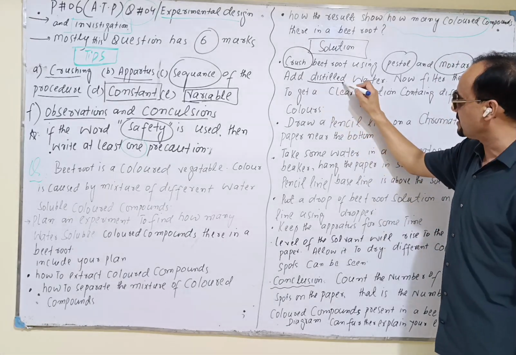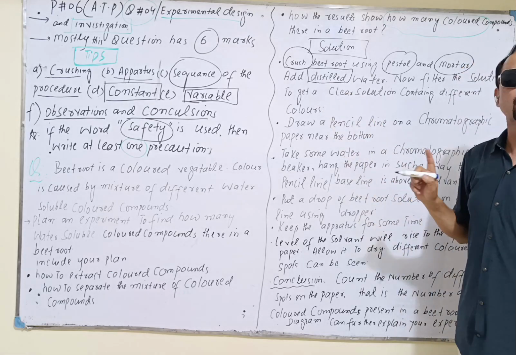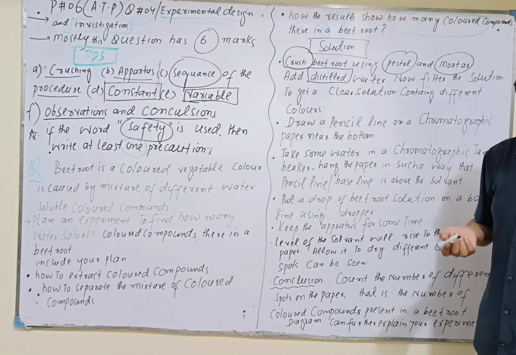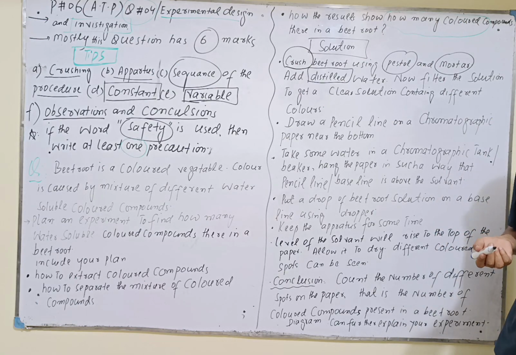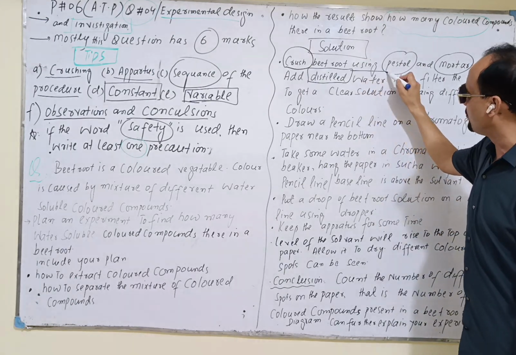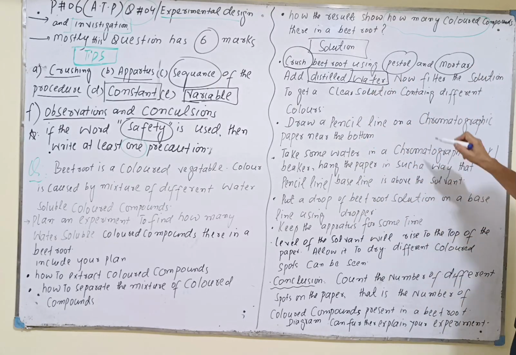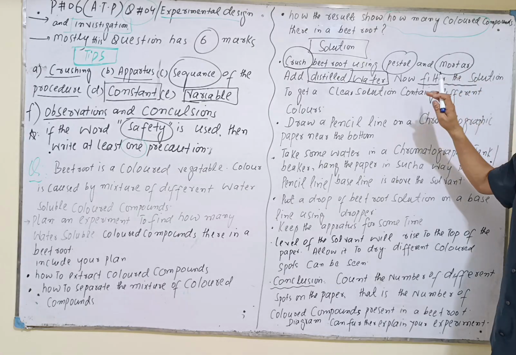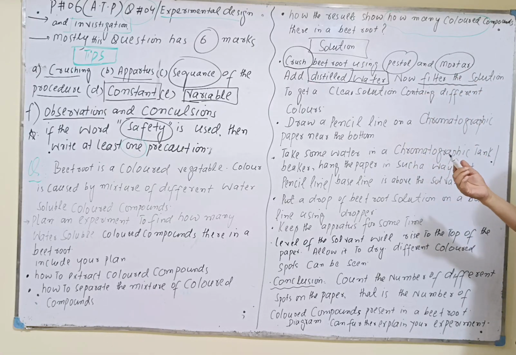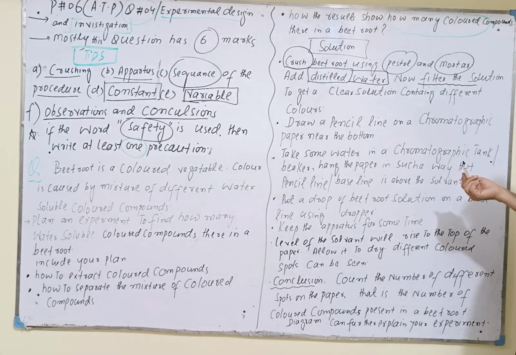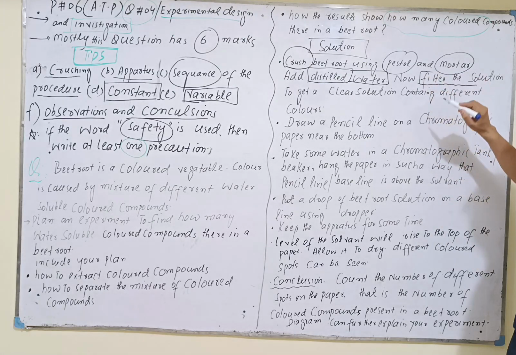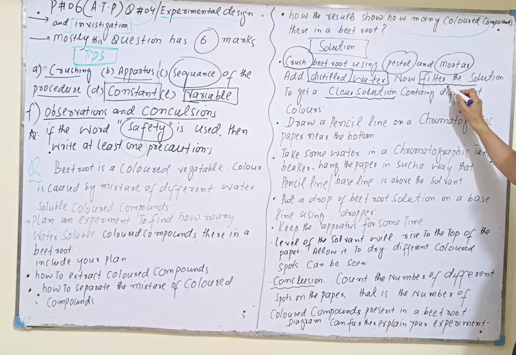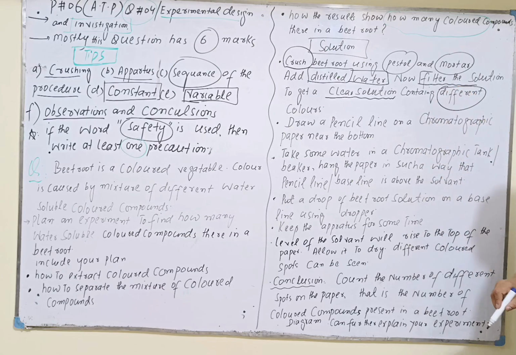Add distilled water. Don't use the word water, because common water contains so many impurities. So you will use the word distilled water. Now filter the solution. Maybe all the beetroot doesn't dissolve in the water, so you have to filter the solution to get a clear solution containing the different colors.